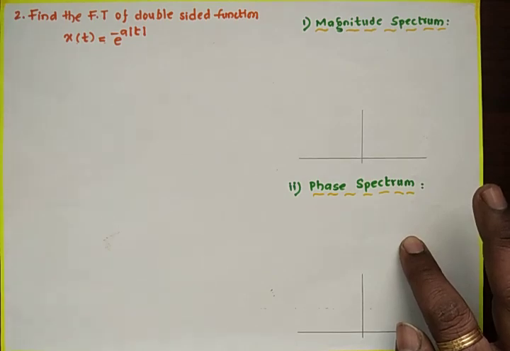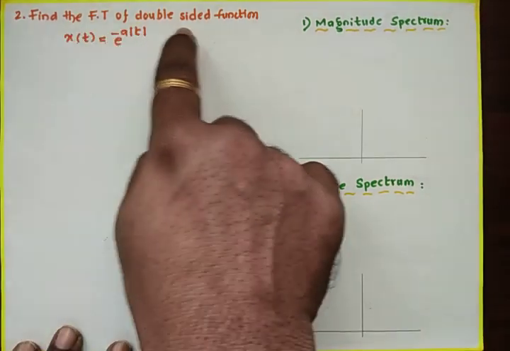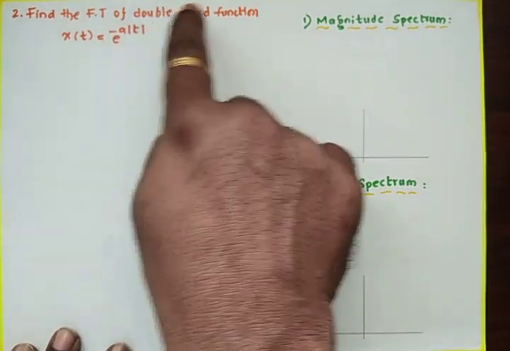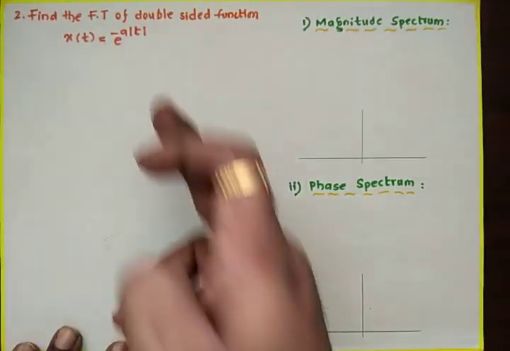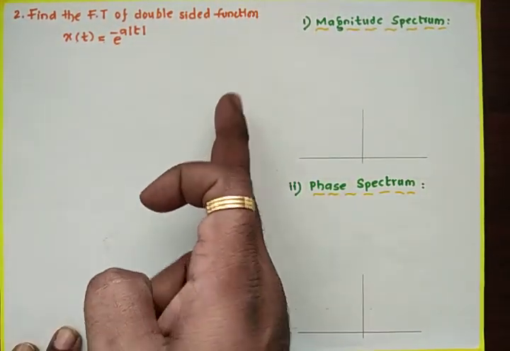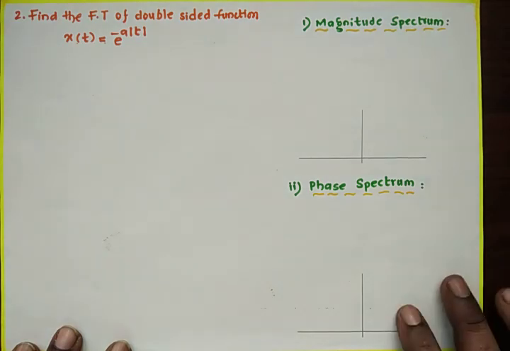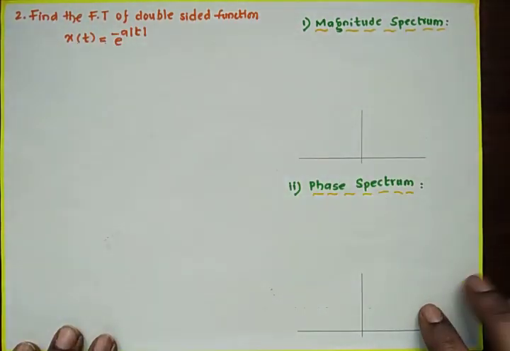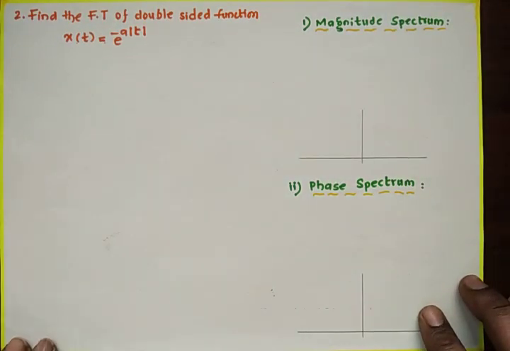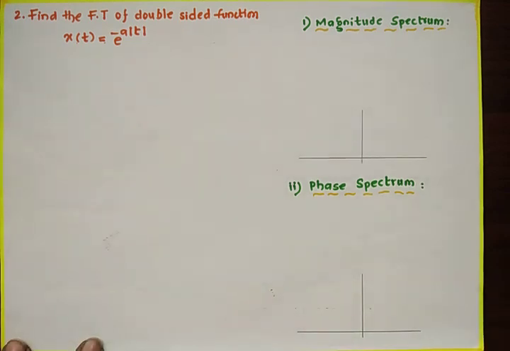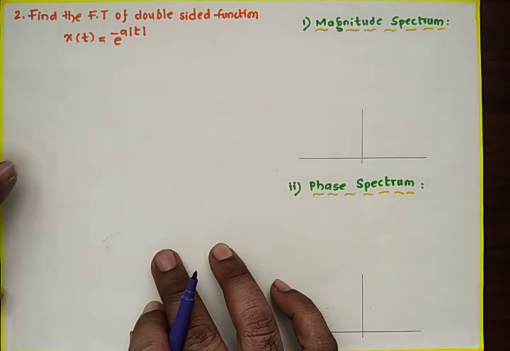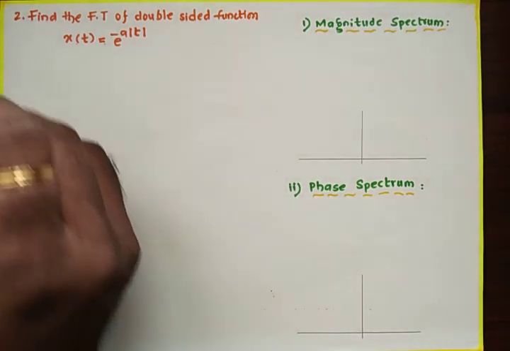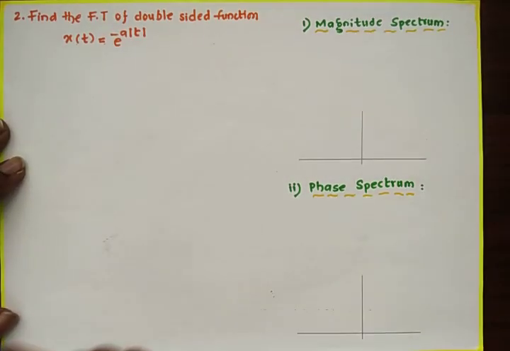So the second question is: find the Fourier transform of a double-sided function. Double-sided means the signal is there in the first quadrant as well as the second quadrant. The function is X of t is equal to e to the power of minus a into modulus of t. The question itself says that it is double-sided.